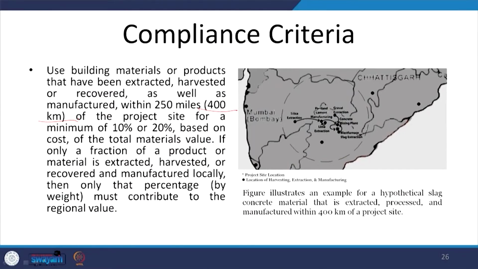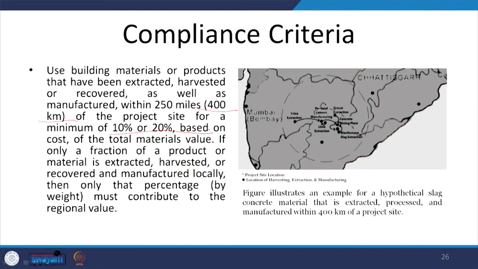And here again, we are talking about the percentage of the total material value, keeping it at 10 to 20% depending upon the different rating programs. So, 10 to 20% of the cost of the total material which is going to be used on the site should be locally procured.